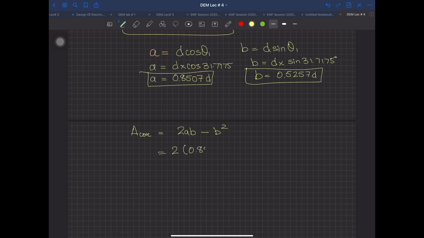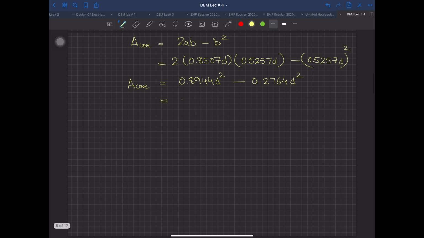This is 2 into 0.8507, this is D added over here, and then I have 0.5257 D minus 0.5257 D whole square. जी, एक फाइनल आंसर मुझे बता दो किसी के पास। 0.8944 D स्क्वायर। हाँ, ये गलत लग रहा है कुछ। 2764। ओके, हाँ ये ठीक है, माइनस करो दोनों को, it will be something 0.6 something. 0.618 D square.